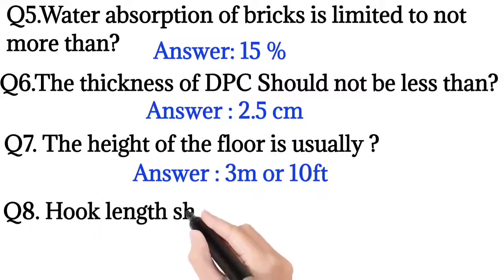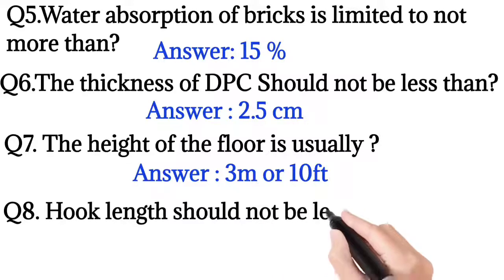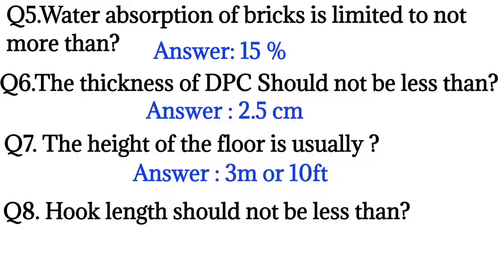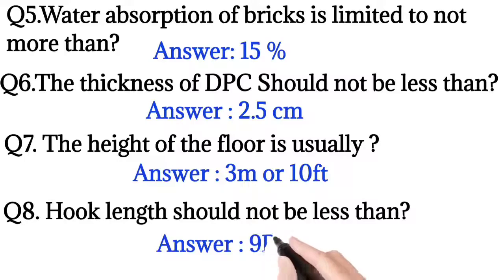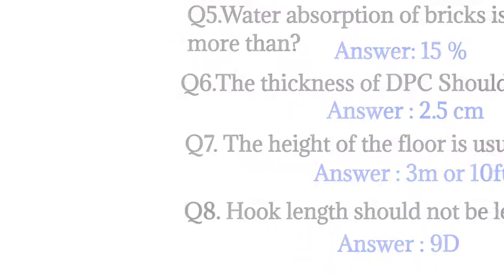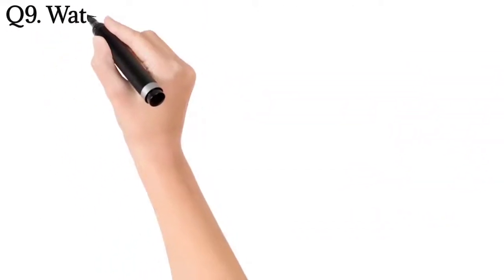Question number 8. Hook length should not be less than, so the right answer is 9D, but here 9 is constant, D is diameter of bar. Question number 9.